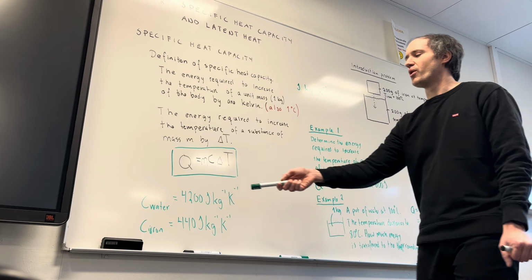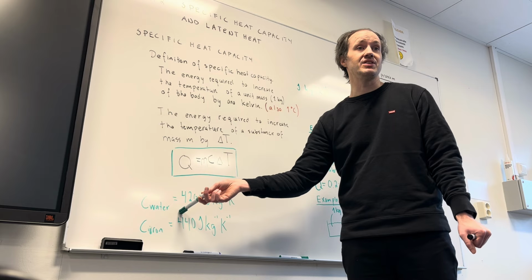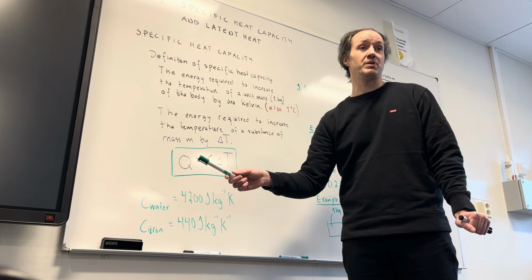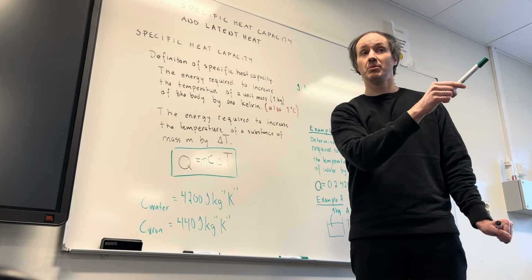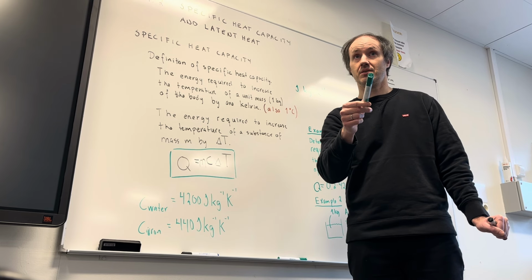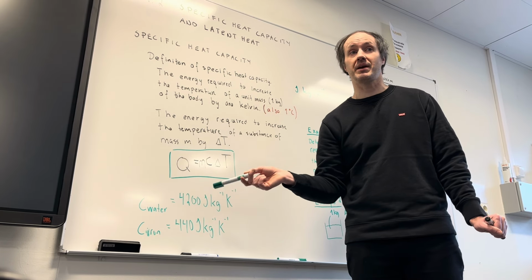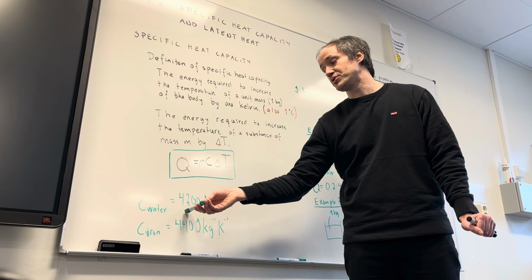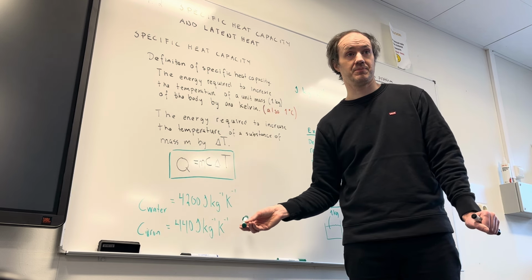So if it's 4.18, either it has to be 4.18 kilojoules per kilogram per Kelvin, or it would be 4.2 joules per gram per Kelvin.